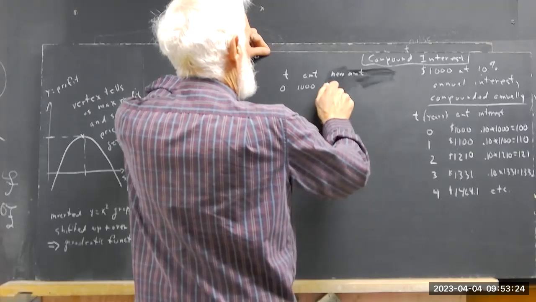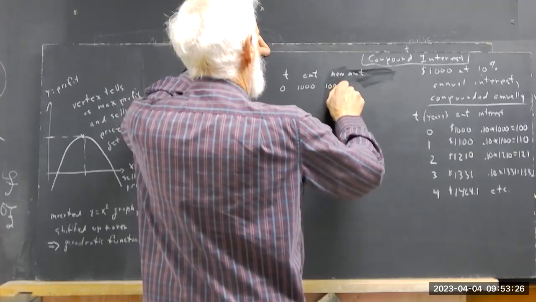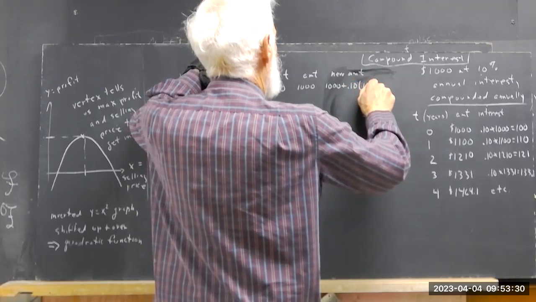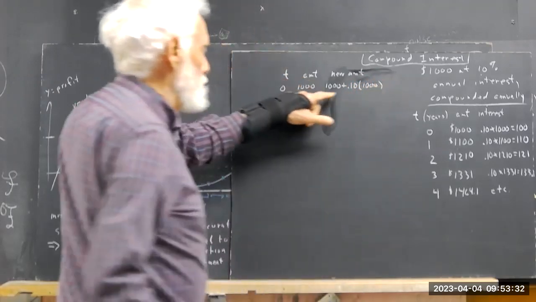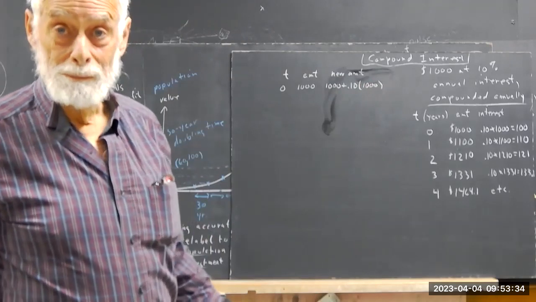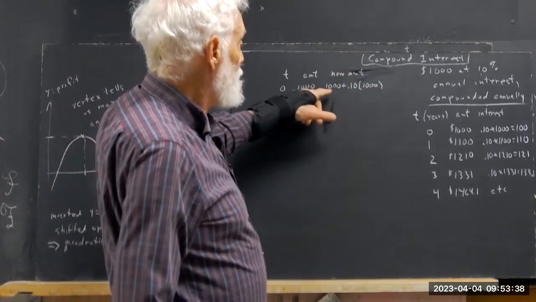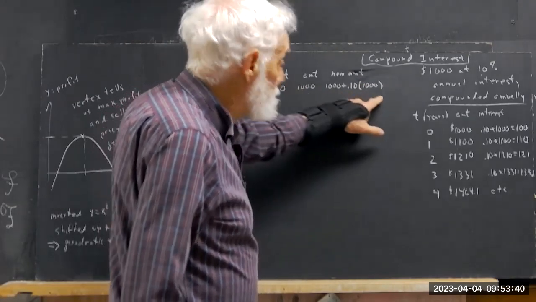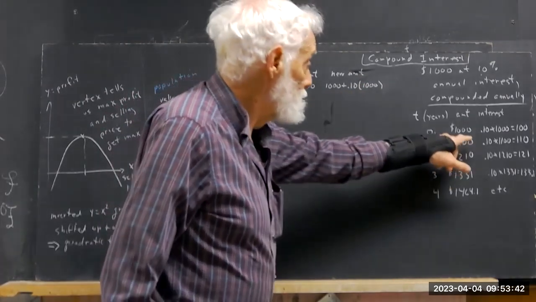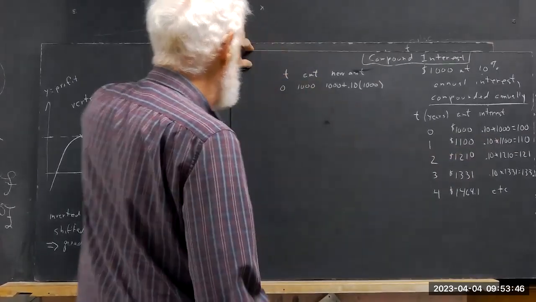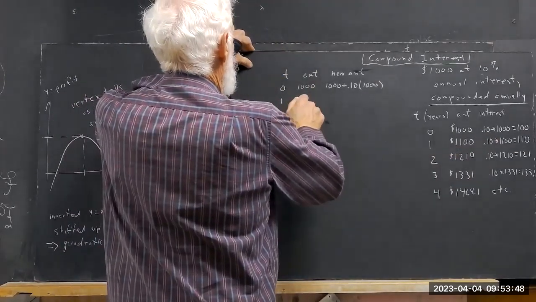I was going to say my new amount is 1,000 plus 0.1 times 1,000. In other words, instead of just calculating the interest, I'm going to calculate the new amount. This is my interest, that's just what I got here. So I'm going to add it to the 1,000, so that it equals 1,100.